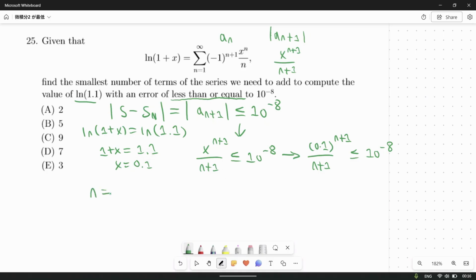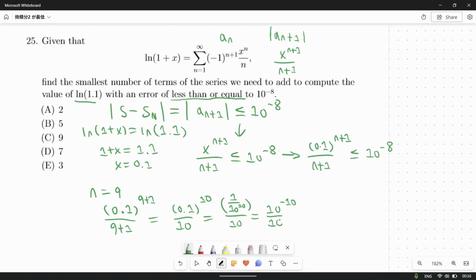So starting with n is equal to 9, you're going to end up with 0.1 to the n plus 1 over n plus 1, and n is 9, so I'll just write it out: 0.1 to the 10th power over 10. Because it's 0.1, this can be rewritten as 1 over 10 to the 10th power over 10, which would then simplify to 10 to the negative 10 over 10.